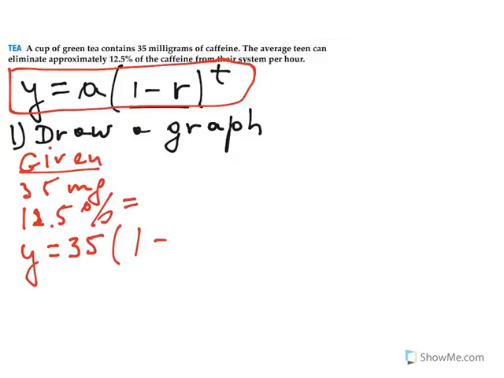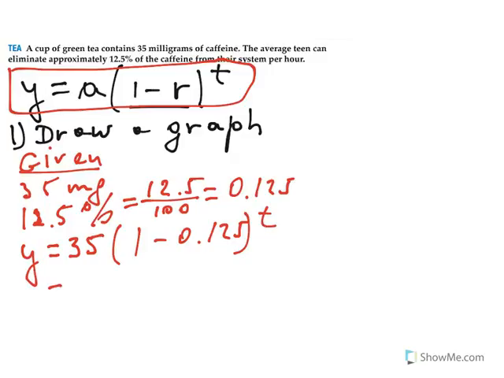I can write that as 12.5 over 100, and if I divide 12.5 by 100, it gives me 0.125. So I substitute 0.125 to the power of t.